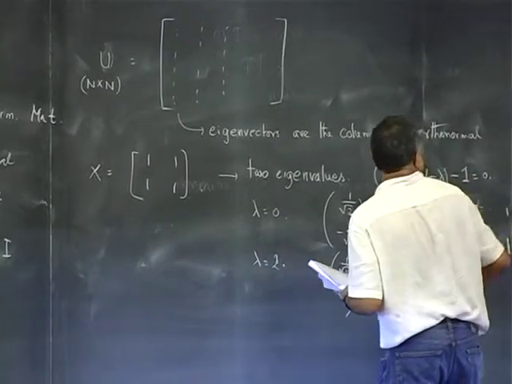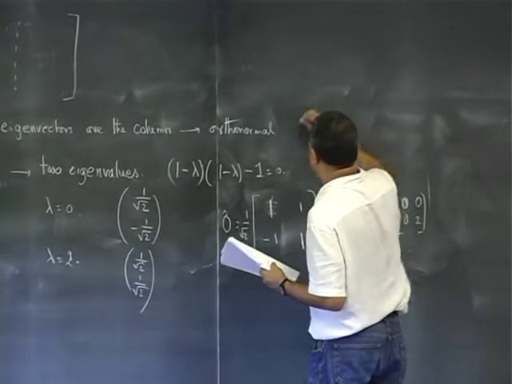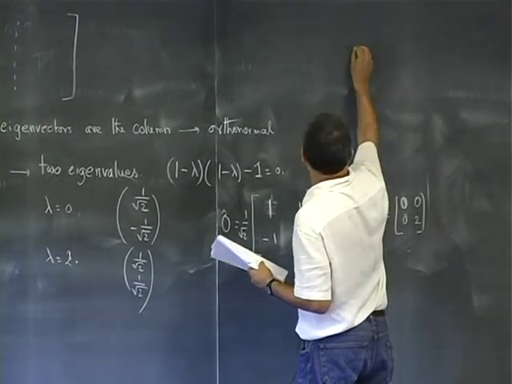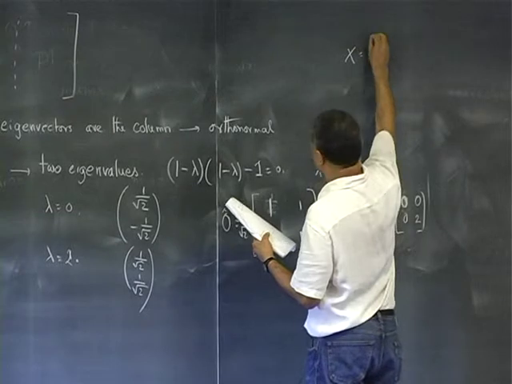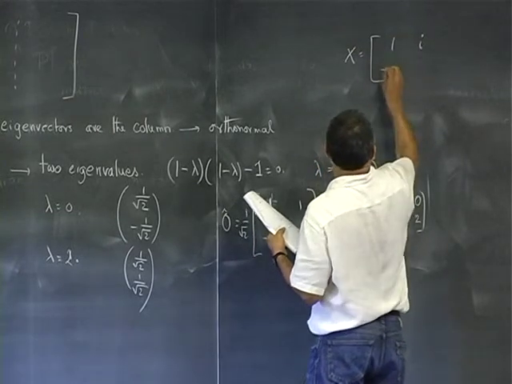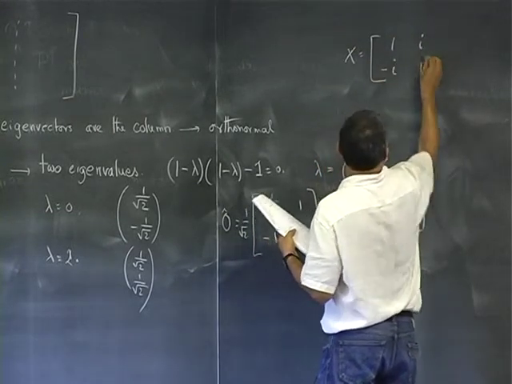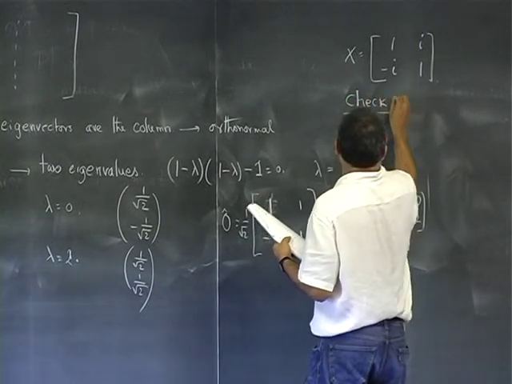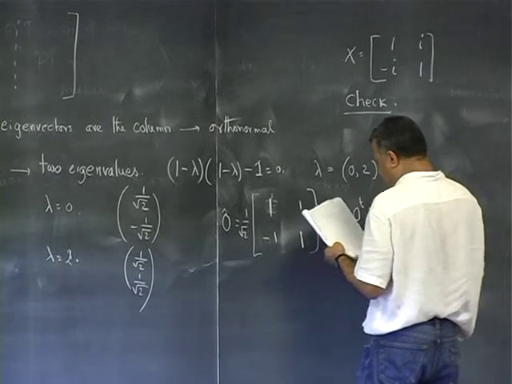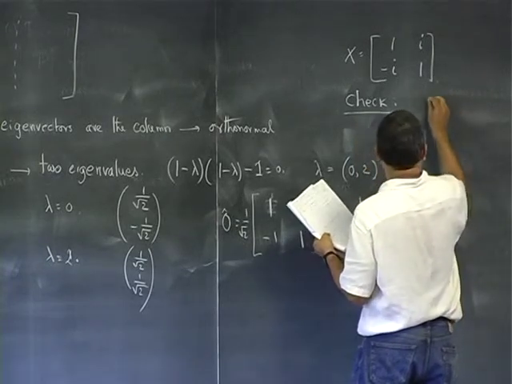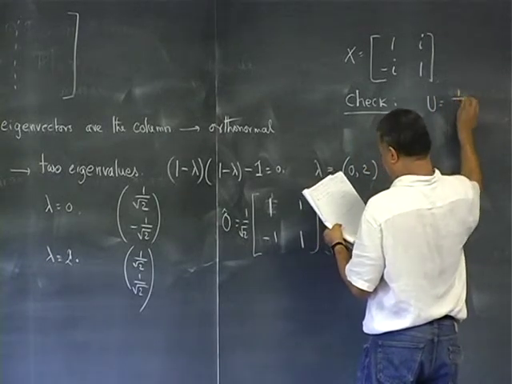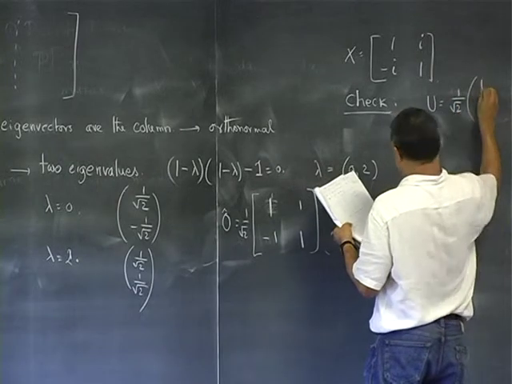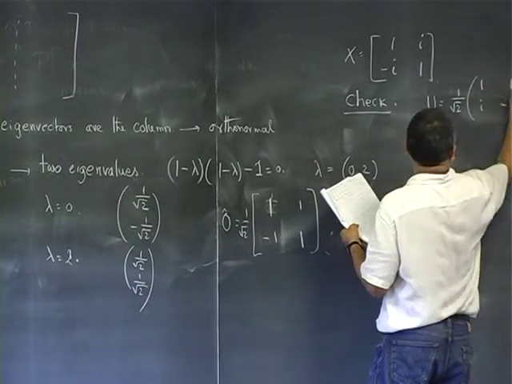So just check, for example, if you take the matrix X, just a simple example, 2 by 2. This is the trivial exercise if you have forgotten. And so here you can check that the unitary matrix will be 1 over root 2, 1, i, 1, minus i.